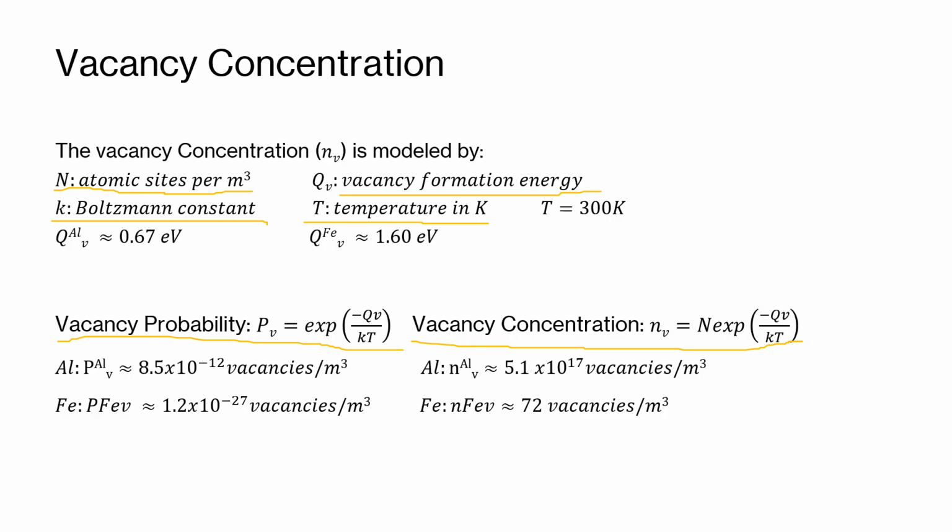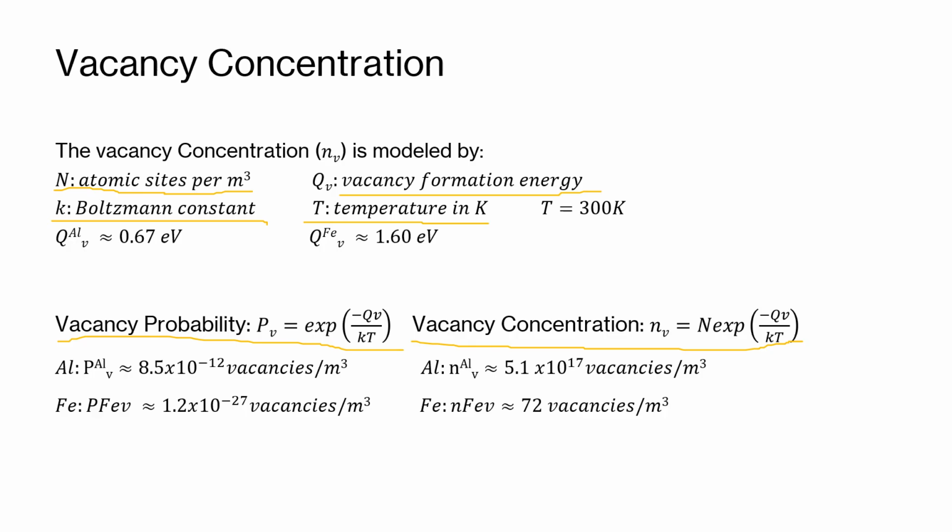Vacancy probability is the chance an atomic site in a crystal is empty. So this basically means that it only exists in a specific position.